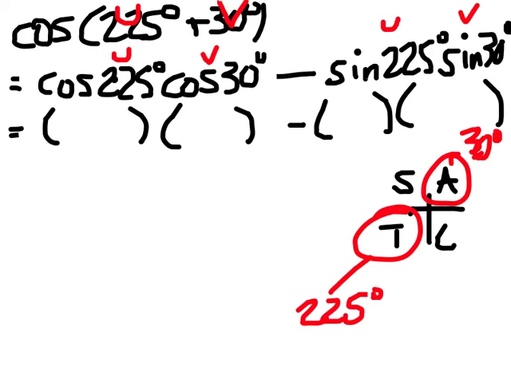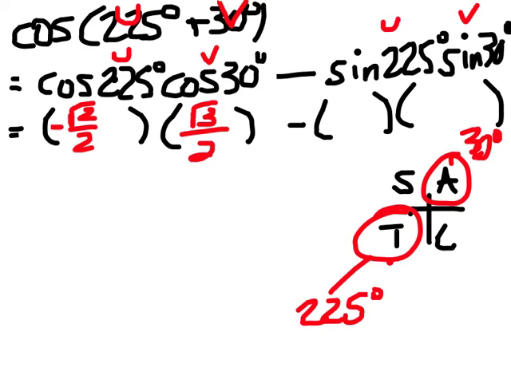Cosine of 225 degrees, we know it's a 45-degree reference angle still, so it's square root of 2 over 2, but it's in this third quadrant, so what's the sign on it? Negative, okay? Cosine of 30 degrees, 30 degrees is in the first quadrant, and cosine of 30 degrees is the square root of 3 over 2, good.